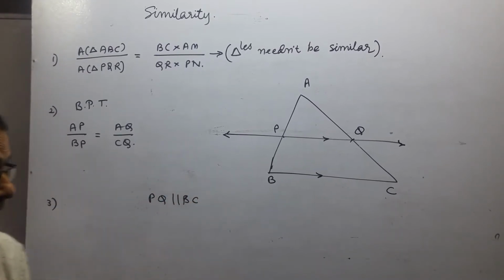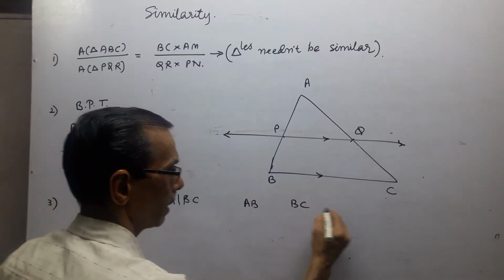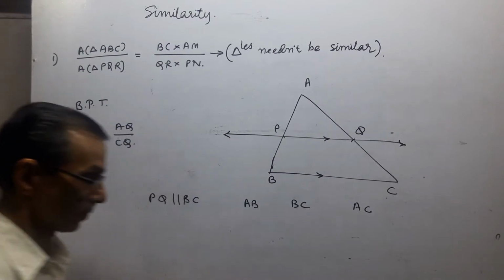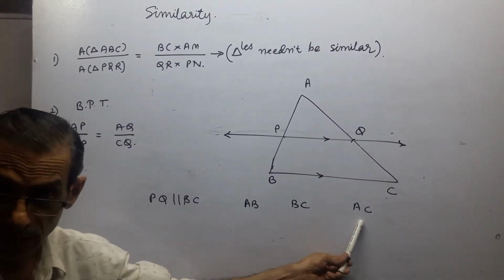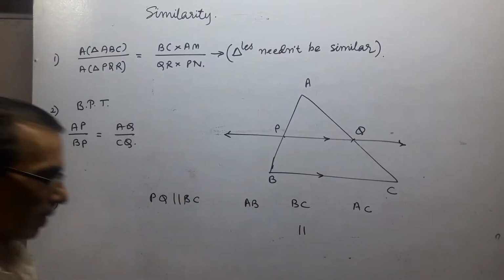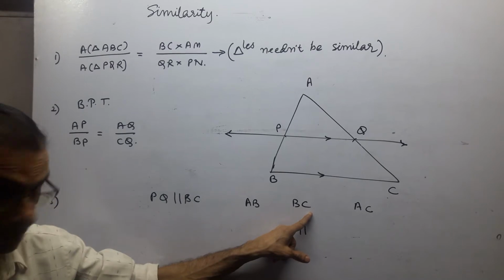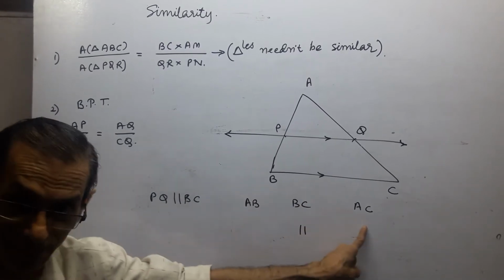Of course, a triangle has three sides: AB, BC, and AC. Of these three sides, PQ is parallel to BC. If PQ is parallel to BC, then it divides AB and AC.